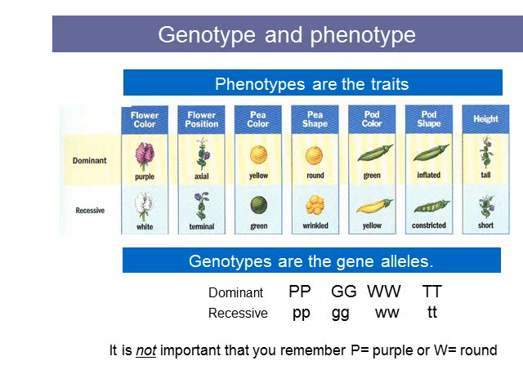And what does that mean? We're going to get into that in a minute, but the idea is that when you write out a genotype, the genes of the plant, you're writing out big P and little p, or big G and little g. You don't have to remember which one means what.